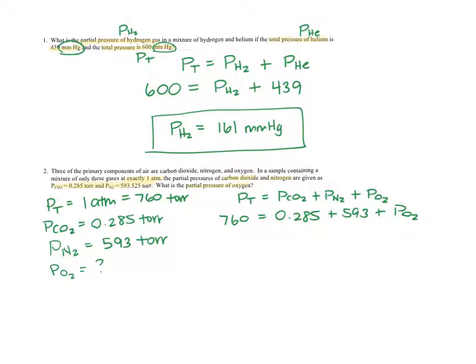So I'm going to subtract 0.285 and 593 from both sides. And I'm going to get the value of the partial pressure of oxygen to be 166.19. Remember, my units have to match, so that is in torr.